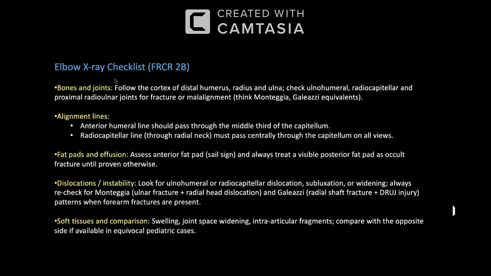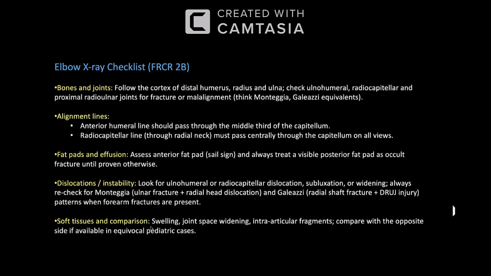So, especially for an elbow, look at the bones and joints, follow the cortex of humerus and radius, the ulna, check ulnohumeral, radiocapitular, all the lines, and rule out Monteggia and Galeazzi fracture. Monteggia is proximal ulna, and distal radius is the Galeazzi. And look at the alignment lines, fat pads and effusion, dislocation, and if there is any instability, you have to mention.